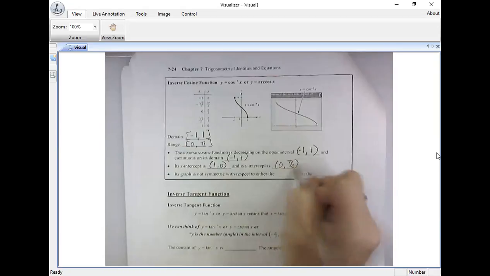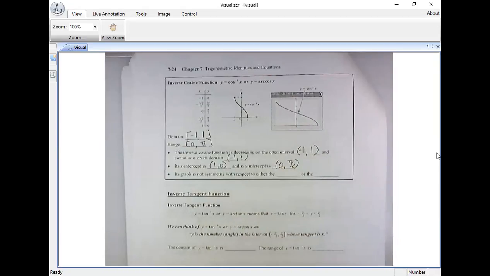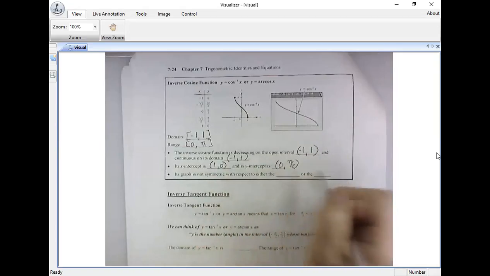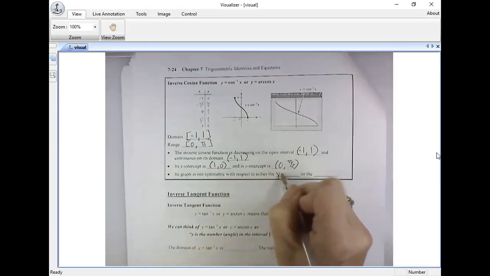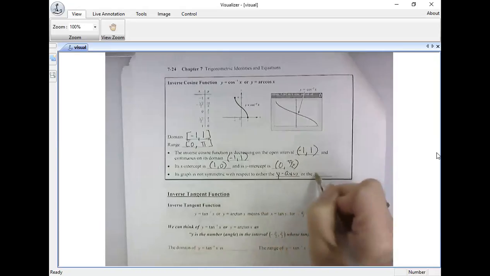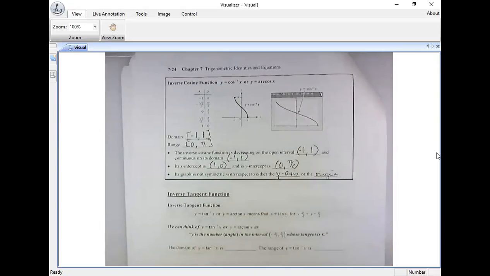Good job. And do you see any symmetry? Is it symmetric to the y-axis? If I fold on the y-axis, will the halves match? No. Is it symmetric to the origin? No. I do not have symmetry with respect to either the y-axis or the origin. That means this function is neither even nor odd.